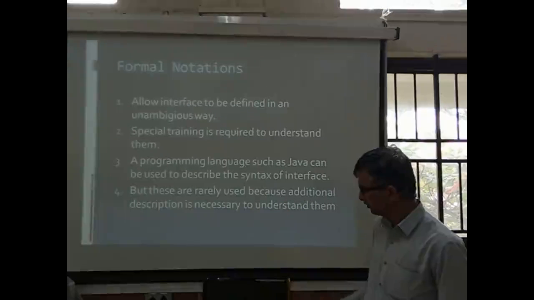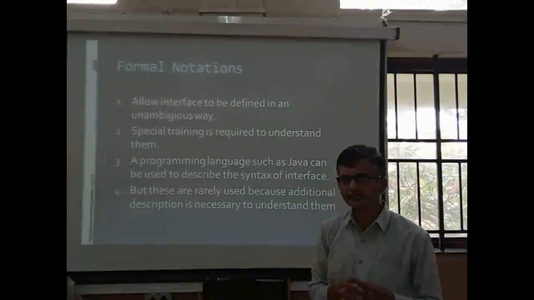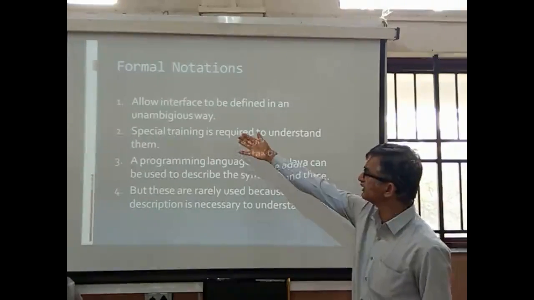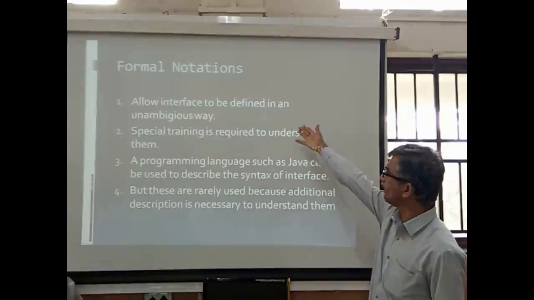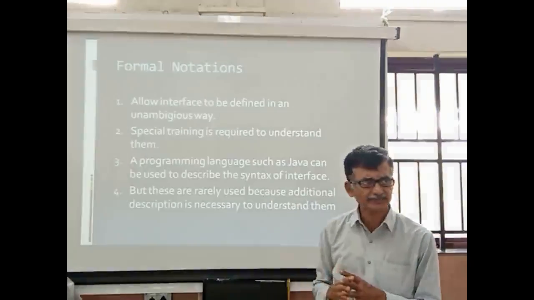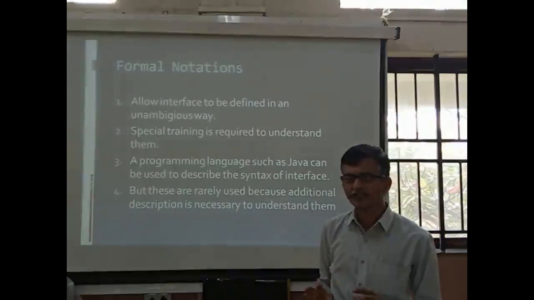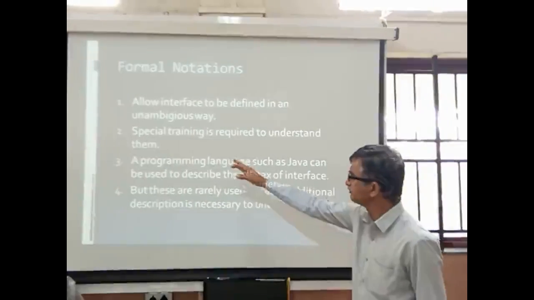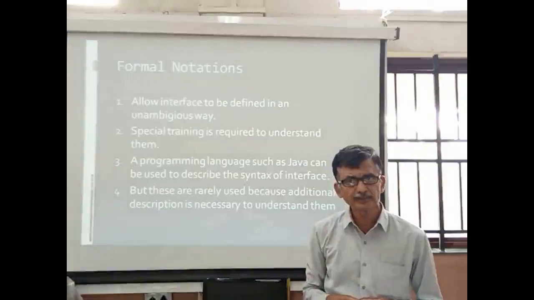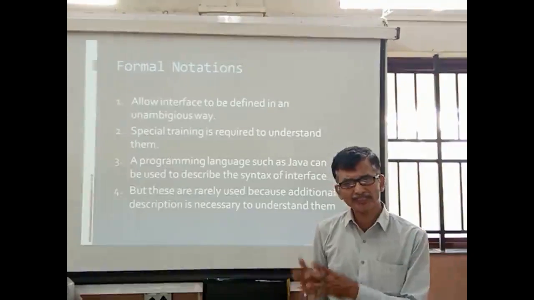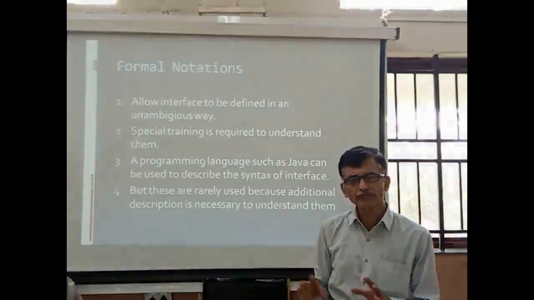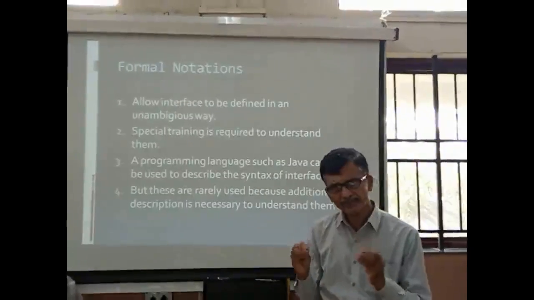There are also formal notations. What are these formal notations? Formal notations allow an interface to be defined in an unambiguous way. If you use formal notations, which are scientific in nature, there will be no ambiguity and no confusion. Special training is required to understand them. As these are formal notations related to the programming or design aspect, special training should be given to the programmers who are going to develop the programs, or even the designers.